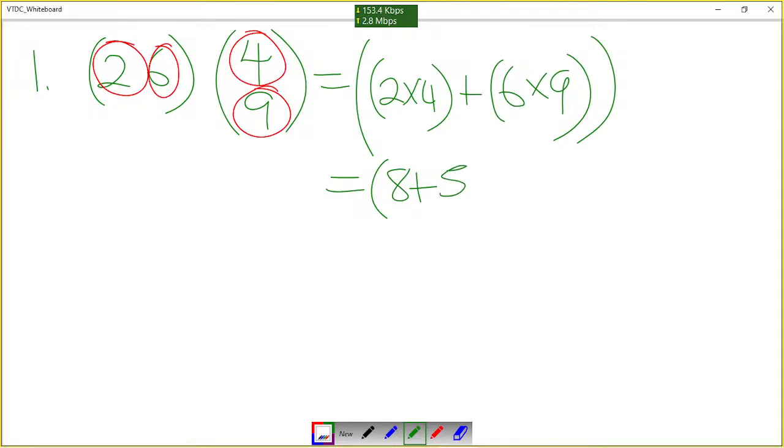Then we add that: 8 plus 54 will give us 62. So 62 is the final matrix.